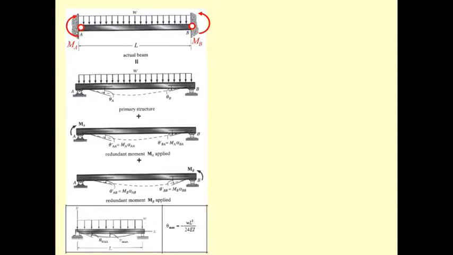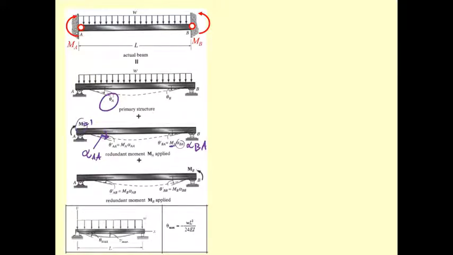Okay, for the primary, this is going to be theta sub A. For this one, if M sub A is 1, this one is going to be alpha at A due to the M sub A applied at A. M sub A equal to 1 unit applied at A. And this one is going to be alpha at B when the moment is applied at A. Since M sub A is unknown and we're looking for it, we term it by M sub A. The same as over here.